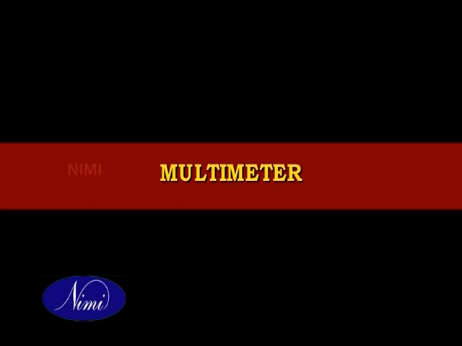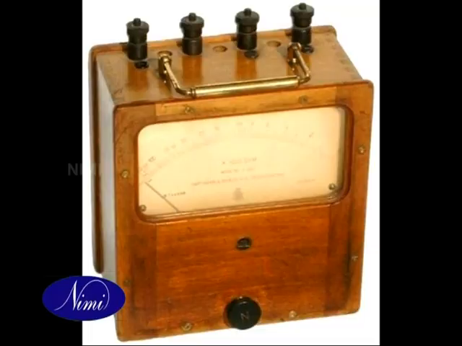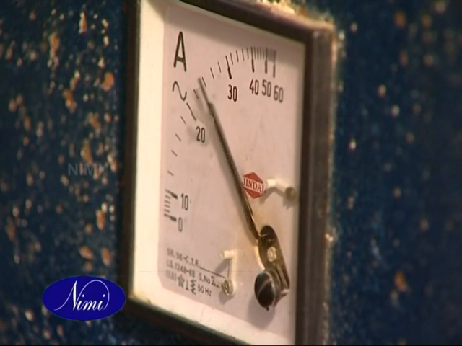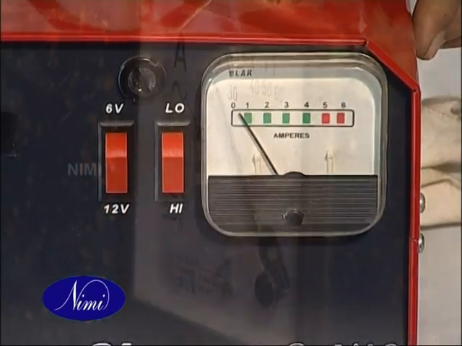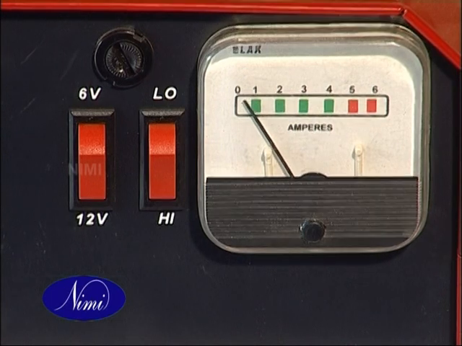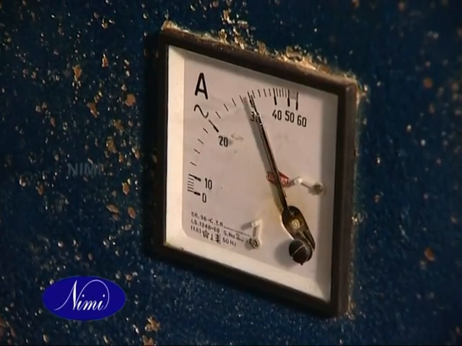Multimeter. The voltmeter, ammeter and ohmmeter, although used for measuring different electrical parameters, all use the same basic type of meter movement called the D'Arsonval movement, named after its inventor.